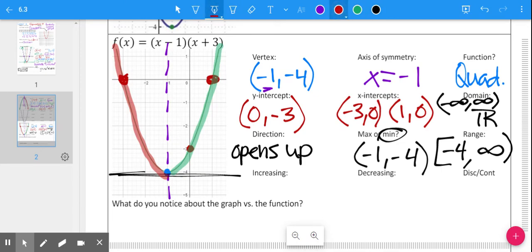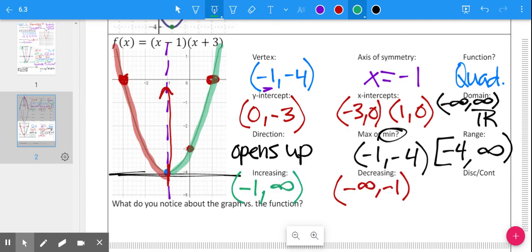So it is decreasing from negative infinity, and it stops decreasing right here, which is at -1. Remember, always refer to the x-axis. So starting at -1 and going on forever, it's increasing. And just like all the rest of these, it is continuous because the points are connected.